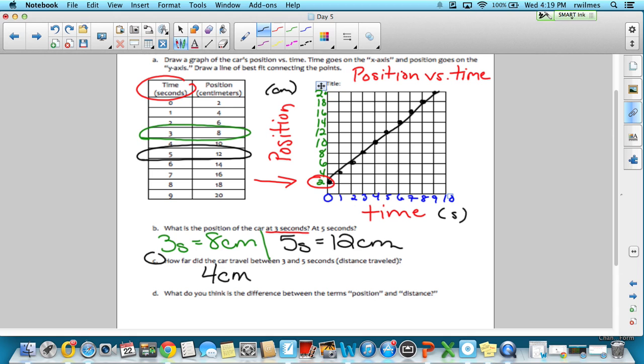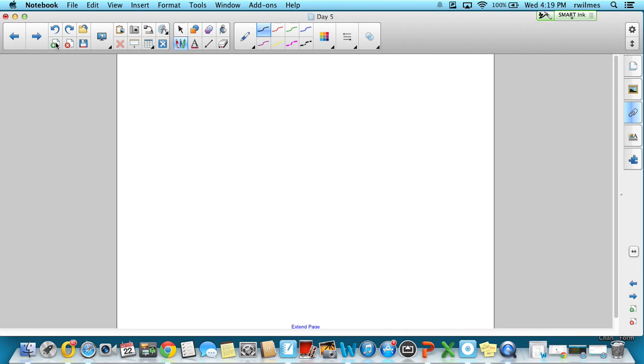I know it seems like simple math, and it is, but we actually just discovered our very first formula. So check this out. We just got the answer of 4 centimeters, and we started with 12 centimeters minus 8 centimeters equals 4.